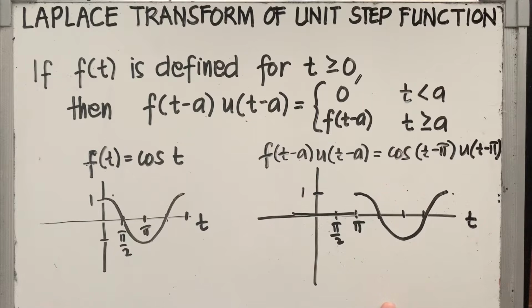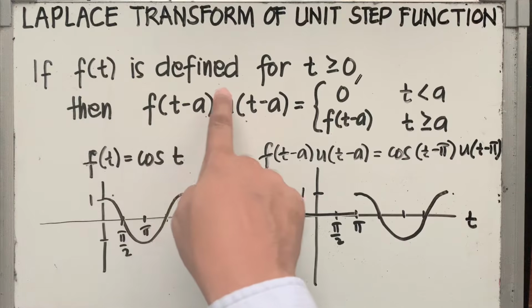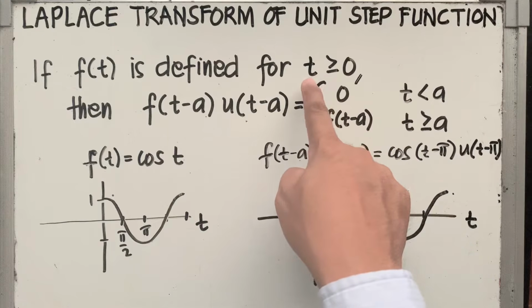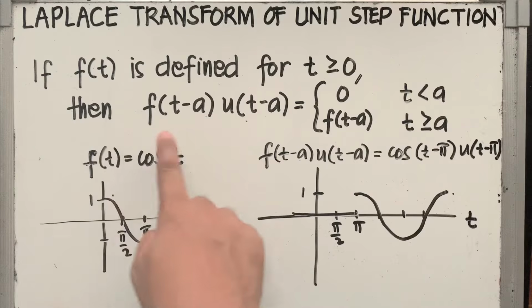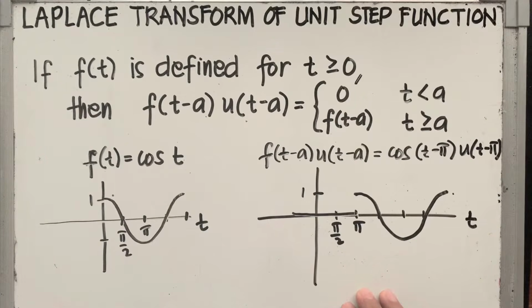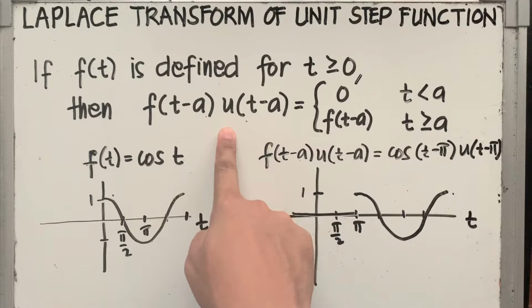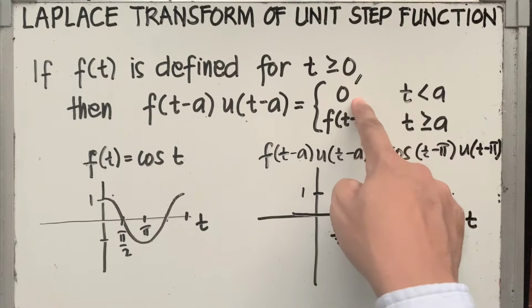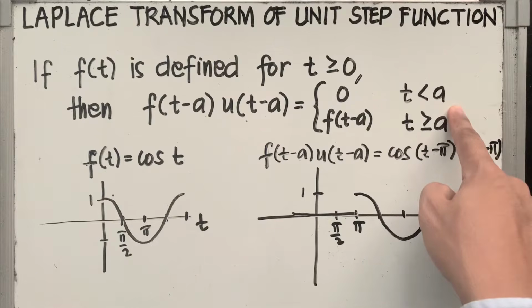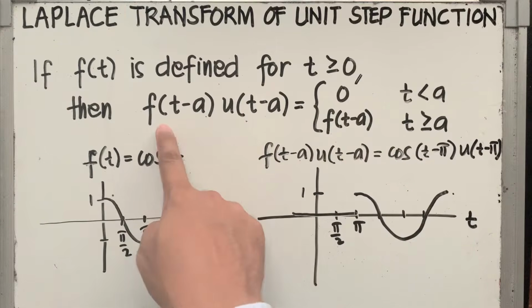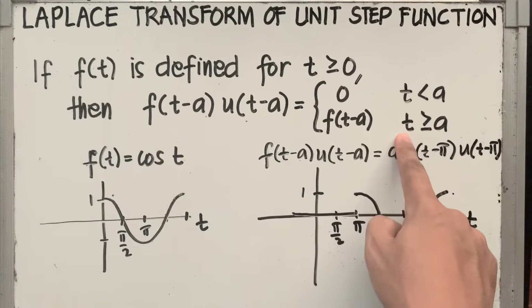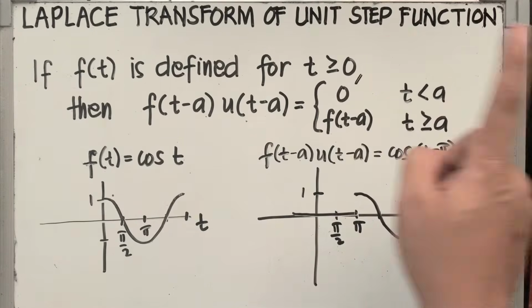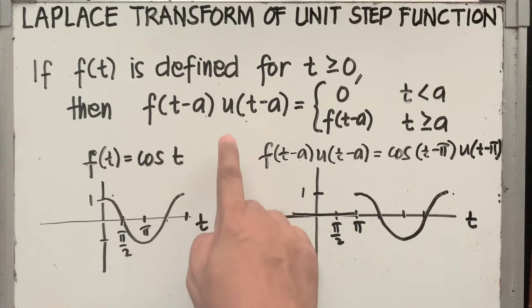Another illustration here. If f of t is defined for t greater than or equal to 0, then the given unit step function f of t minus a times u of t minus a is equal to, again, so it's shifted unit step function, so 0 at t less than a, and whatever is the f of t there. So the value of the function is f of t minus a at t greater than or equal to a.